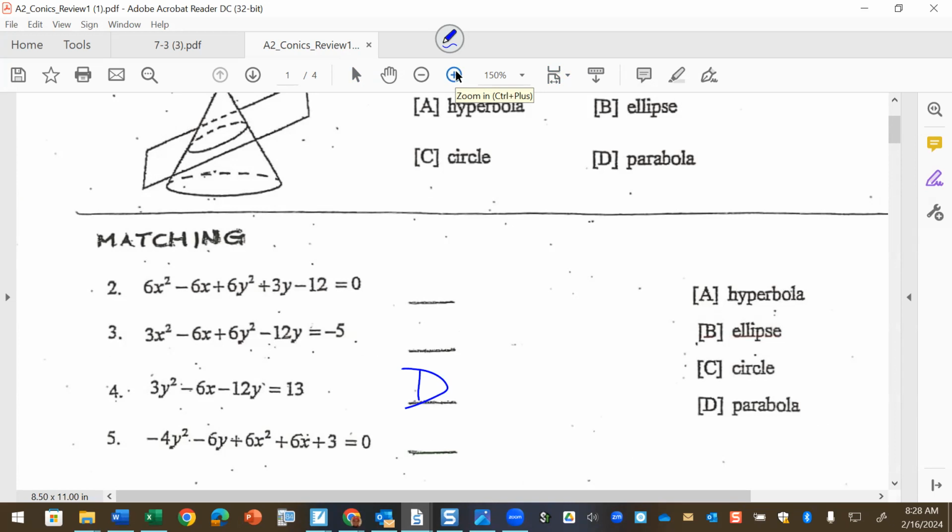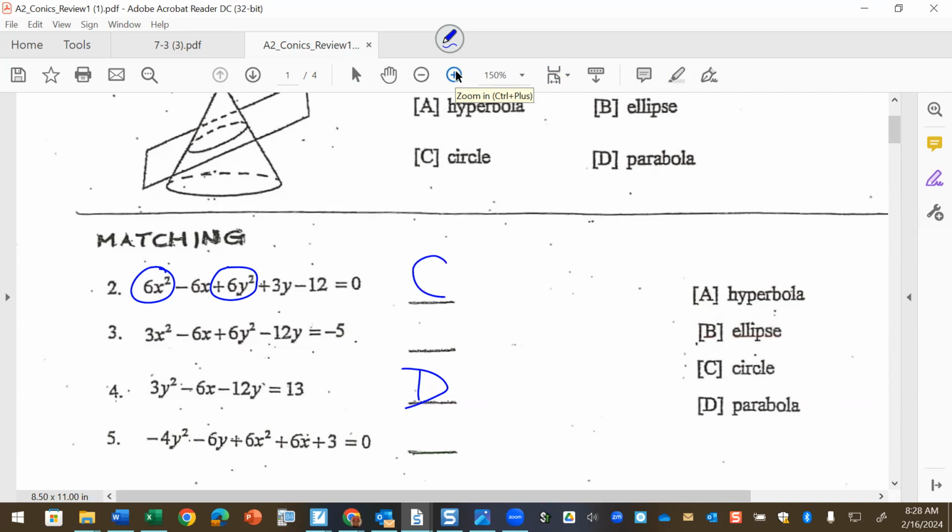Now, let's go to the top. There's a bunch of junk there. What's really the only things you should be looking at? 6x squared plus 6y squared. They're both positive, they're both squared, and they're both 6: circle.